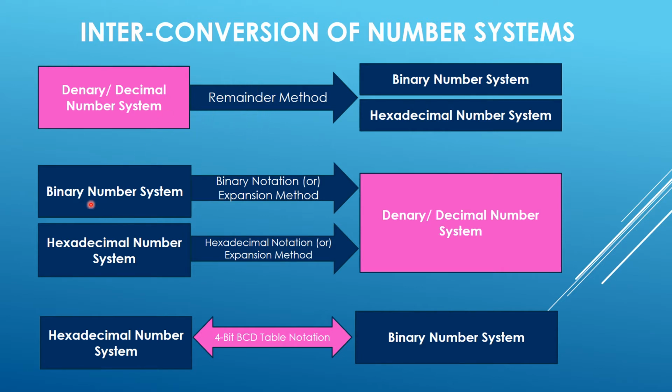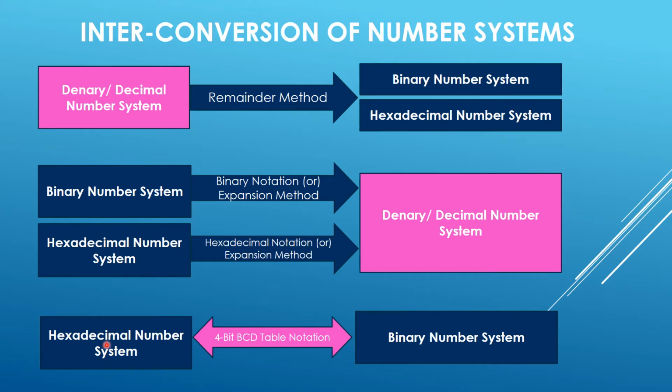If you are given a binary number and asked to convert it into an equivalent denary number, you will be using the expansion method with binary notation. Similarly, if you are given a hexadecimal number and asked to convert it into an equivalent denary number, you will be using the expansion method with hexadecimal notation.